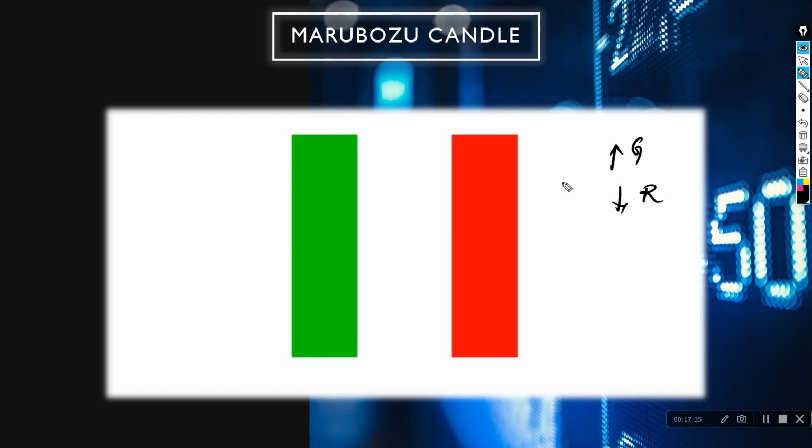But let me tell you an interesting fact: the Chinese market is the only market in which positive is represented in red and bearish candles are represented in green. The reason is very simple: they believe red to be a really lucky color. They have their own set of beliefs, and that's why the Chinese represent it very differently.